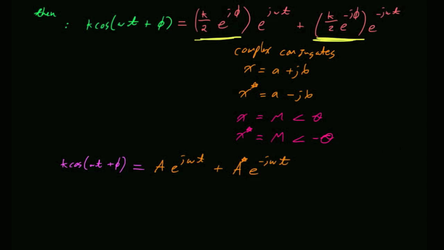I got tired of writing that, so that's a. Where a equals k over 2 e to the j phi. You with me?